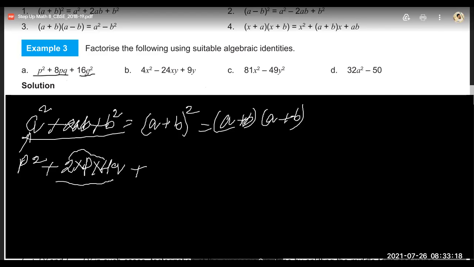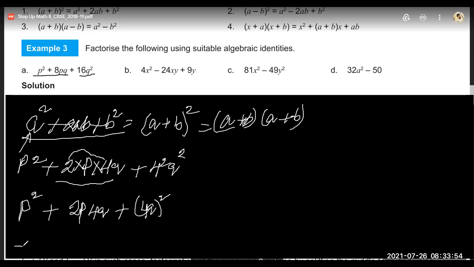And then 16q square. Can we write 16q square as 4 square and q square? Your answer will be yes, because 16 is equal to 4 square, 4 into 4 which is 16. Now see this again: p square plus 2 into p into 4q plus, now the square is for both the 4 as well as q, so write it as 4q whole square.